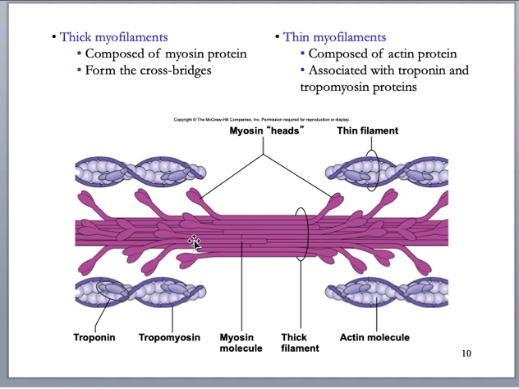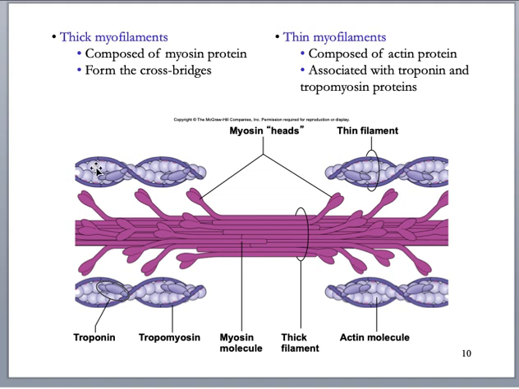Now thin filaments, the lightest of all the colors here. Actin, which are the thin filaments, are composed of actin protein, and they are associated with two other proteins, which I'll talk about in just a second. Actin is made up of globular proteins, meaning somewhat more spherical.